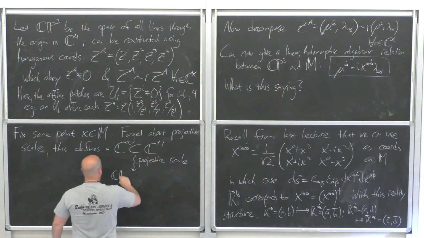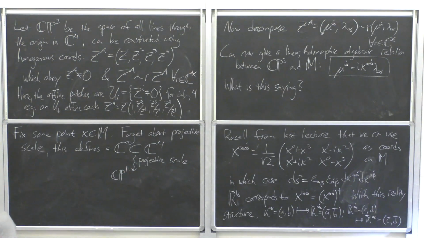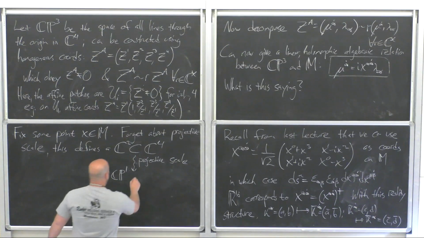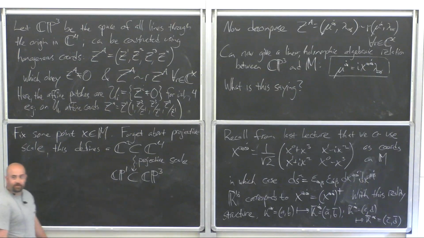So if I have C2 and I quotient out by projective scale, that gets me down to CP1, just like it did in the last lecture. If I have C4 and I quotient by projective scale, that gets me down to CP3.